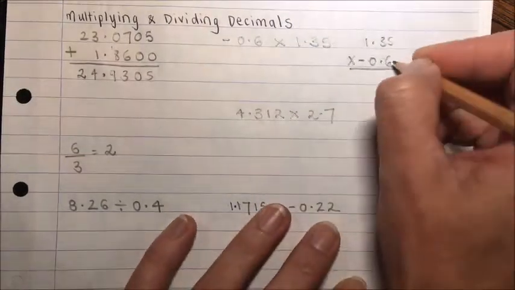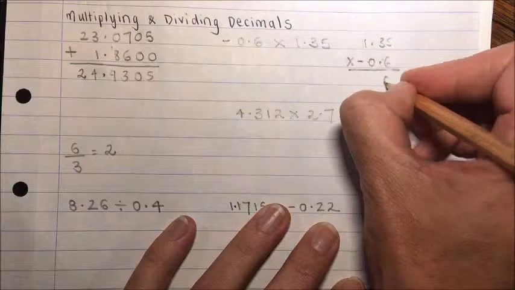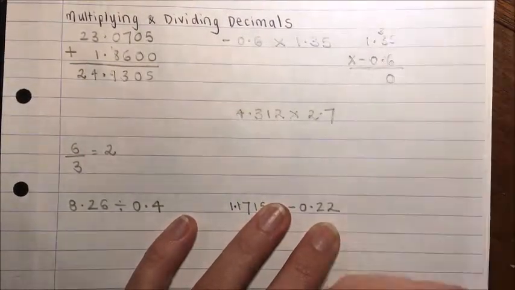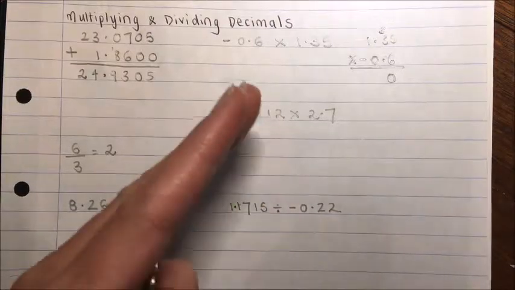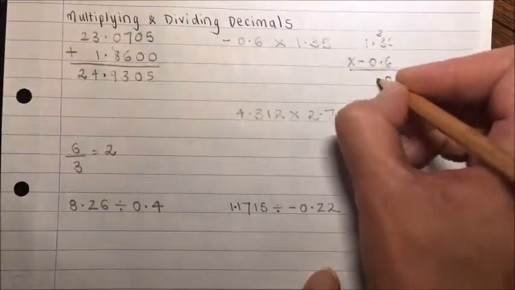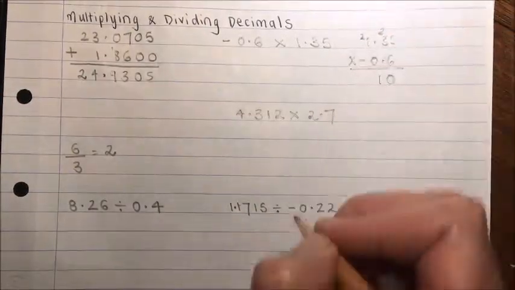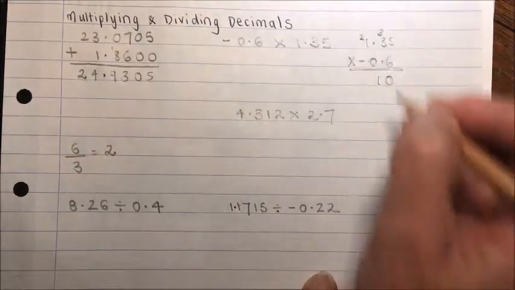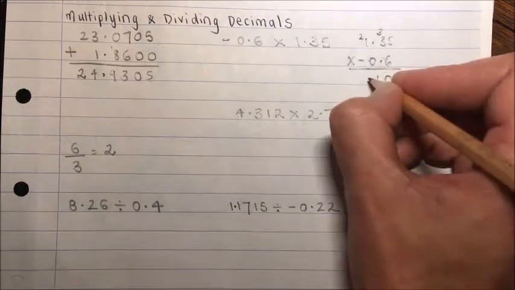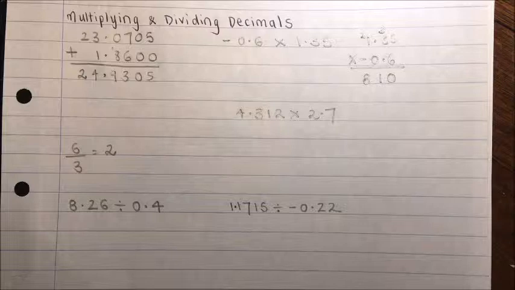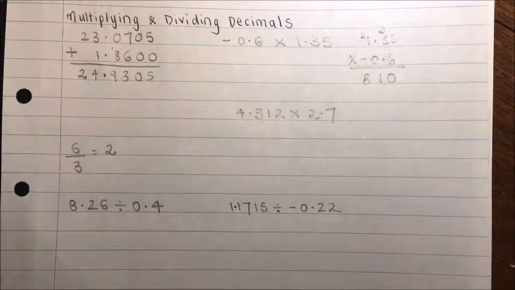Let's get to work. 6 times 5 is 30. Carry the 3. 6 times 3 is 18, 19, 20, 21. Carry the 2. 6 times 1 is 6, plus 2 is 8. Now, we've got 810. What we need to do is count the number of decimal places in total.